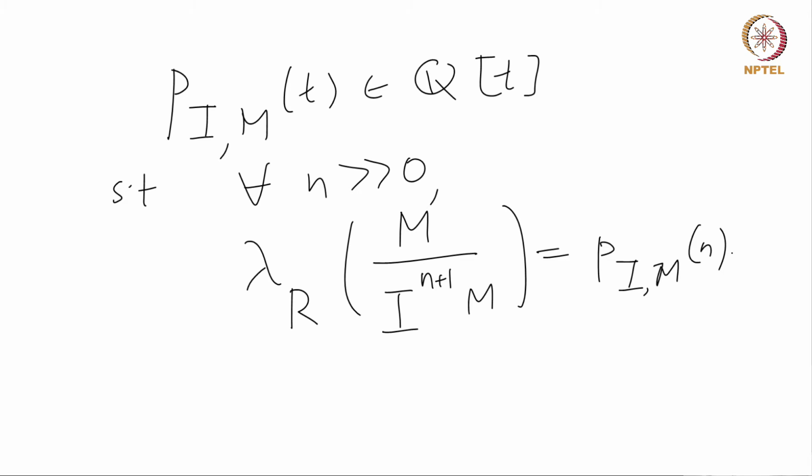Okay. So this is sort of a similar flavor as the Hilbert polynomial theorem, except there is no graded ring structure at this point. It is just a local ring and modules over it and then quotients. And the module that we will consider is this quotient, M mod I to the n plus 1 M. So let's define this.